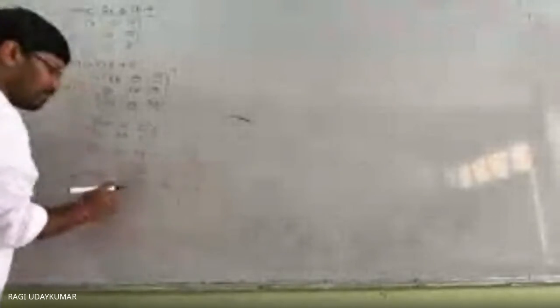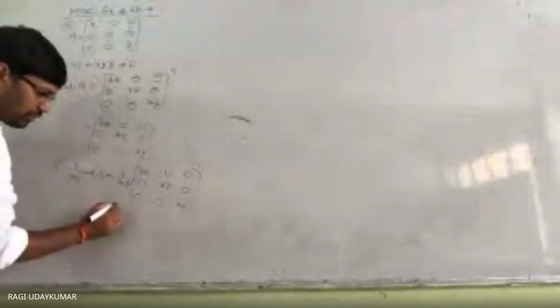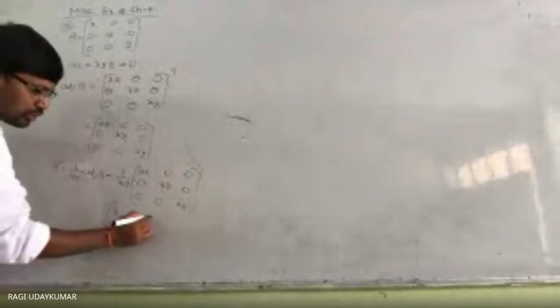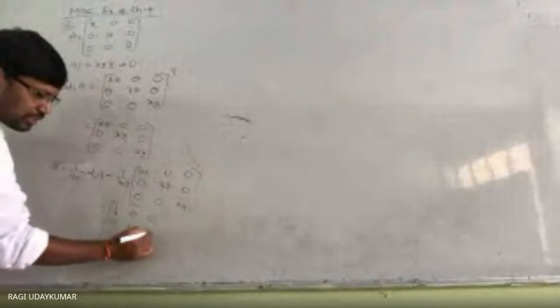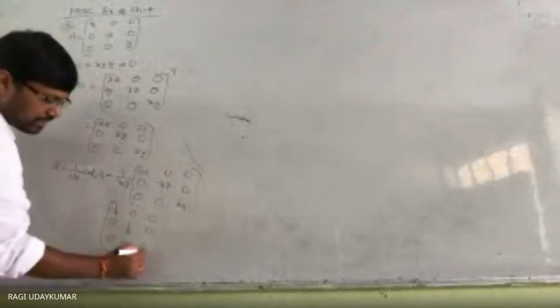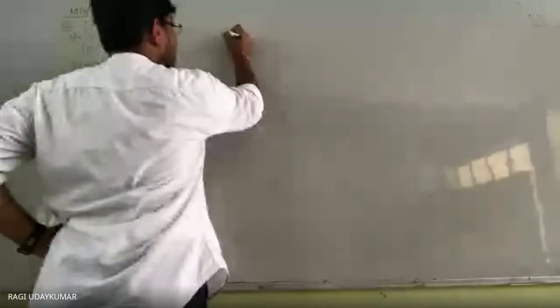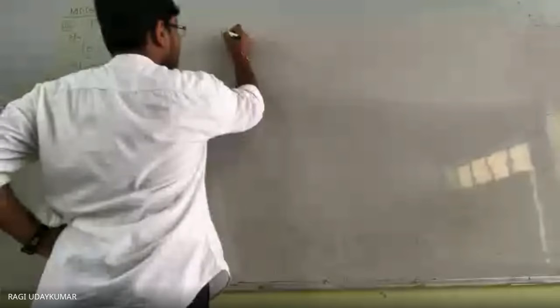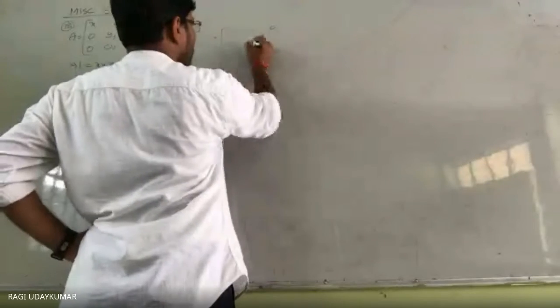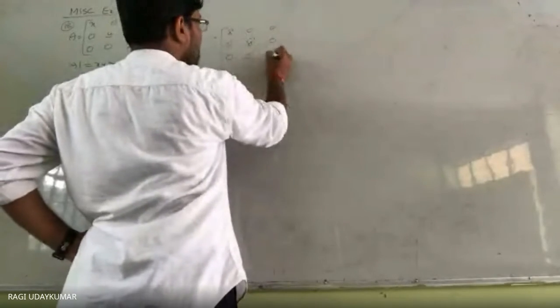When you divide by xyz, what you are going to get is 1 by x 0 0, 0 1 by y 0, 0 0 1 by z. 1 by x is nothing but x inverse, the reciprocal of x. So the reciprocals of x, y, z on the diagonal.